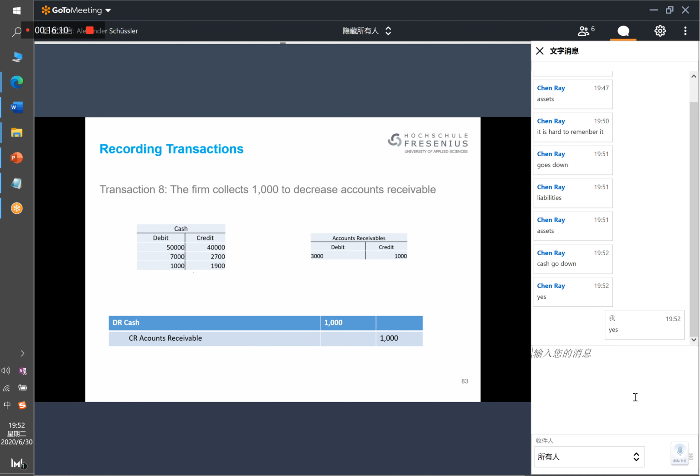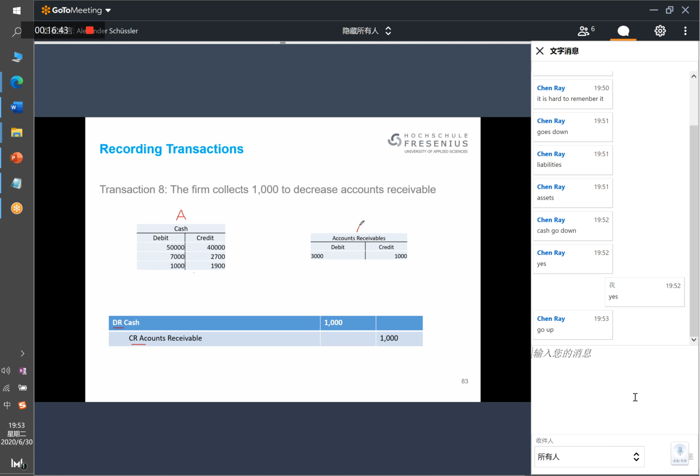Okay, next one. The firm collects 1,000 to decrease accounts receivable. Here we debit cash. Debit cash means it goes up, because cash is an asset. We credit accounts receivable. What is accounts receivable, asset or liability?